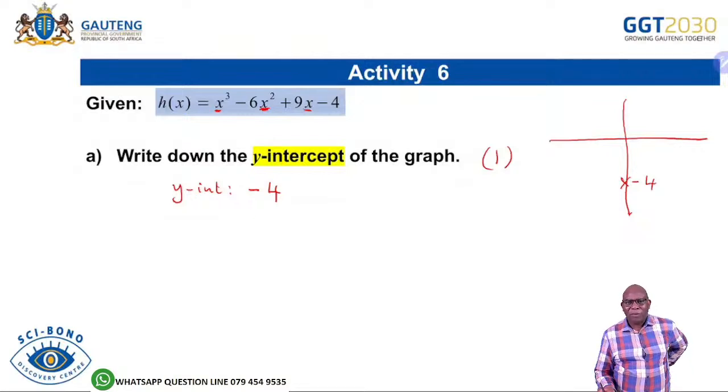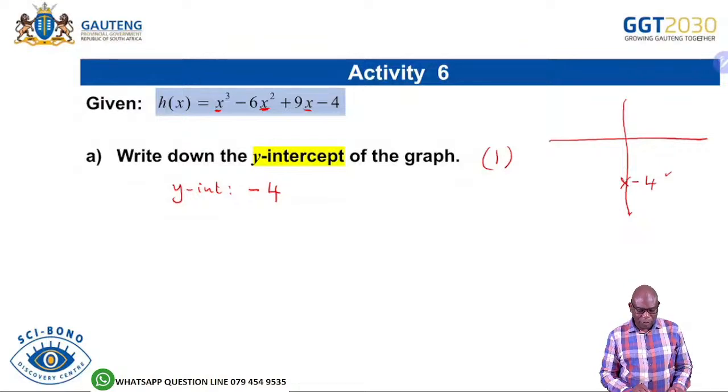Because when we want you to draw the sketch, we want you to indicate all the intercepts with the axis. So I've already indicated that on my sketch that I'm going to draw, because that will help you to see if you are on the right track or not.